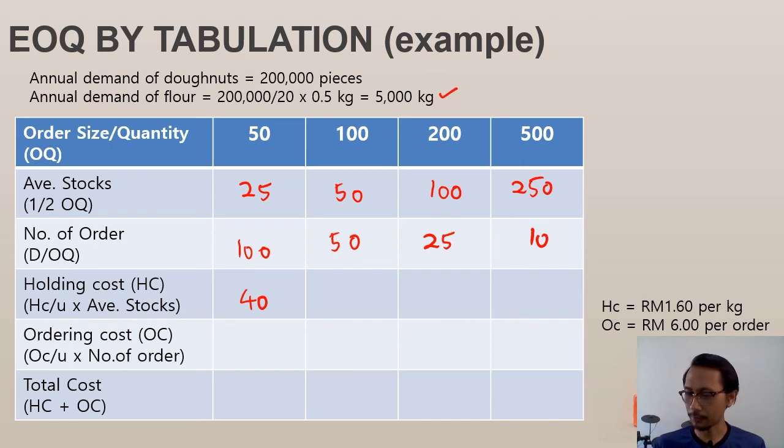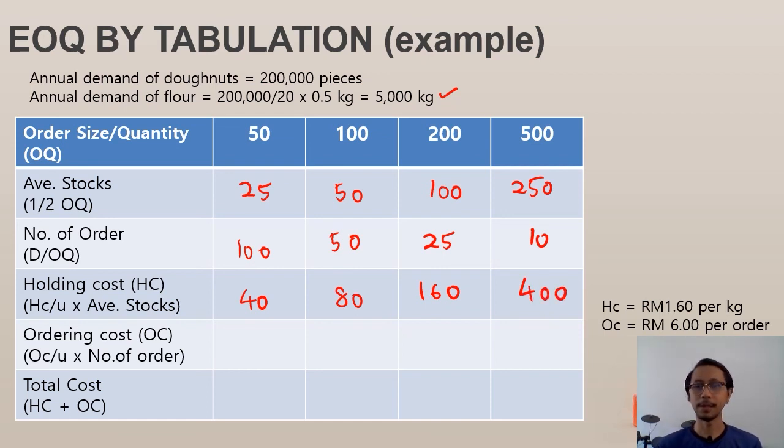For average stock 50, your holding cost will be 80. For average stock 100, your holding cost will be 160, and for average stock 250, your holding cost will be 400.